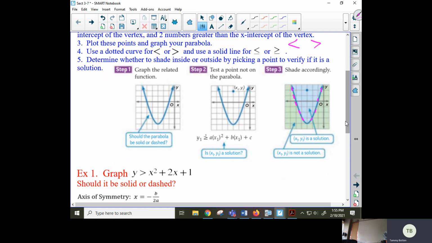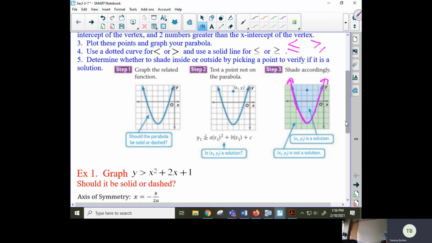I always draw them solid. So try to remind me if I forget. If it's just less than or greater than, it has to be a dashed line. If it's less than or equal to or greater than or equal to, then you have a solid line for your parabola.